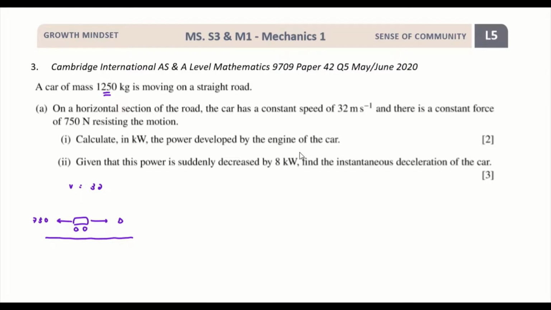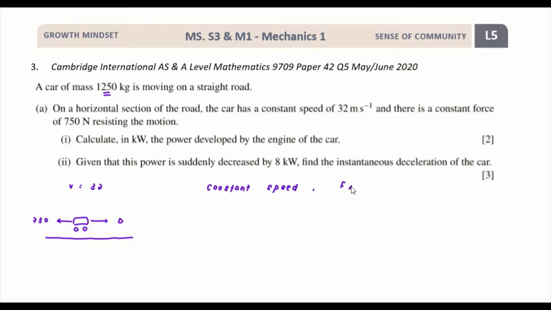The idea of putting in this question is to emphasize the word constant speed. It's the same thing as when it reaches the maximum velocity, where the acceleration is 0. So I hope that you still remember that when we talk about constant speed, what does that actually mean? Constant speed means that there is no net force, am I right?